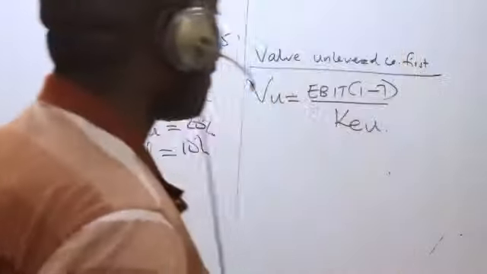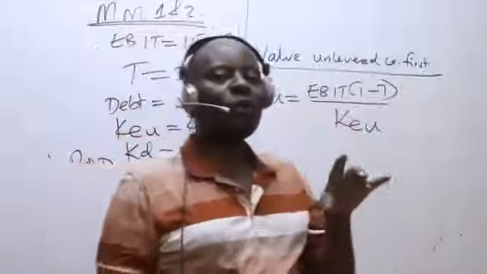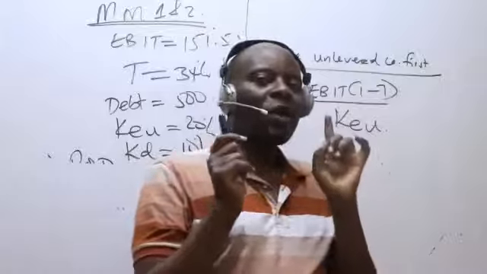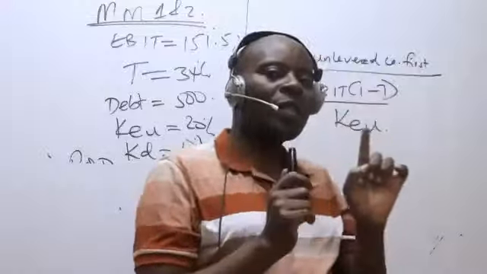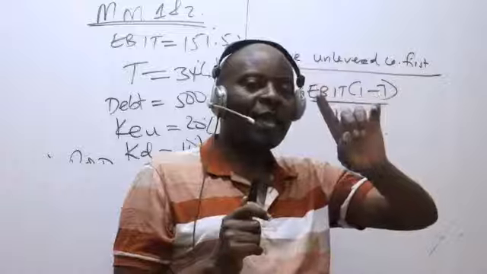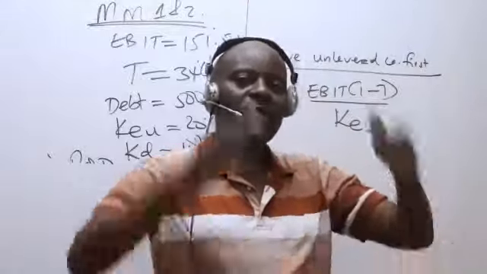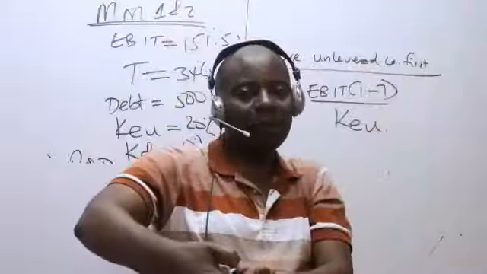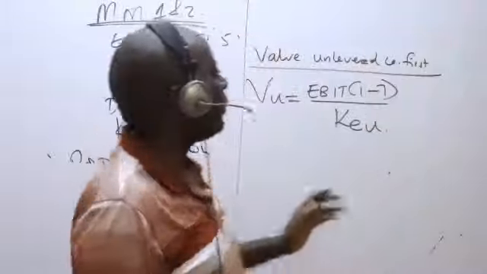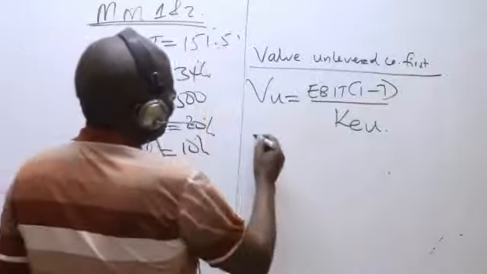Remember, one of the assumptions of MM is that the company will be a going concern in the long term. N is infinity. So you're taking the amount divided by the cost of capital. Have they given me EBIT here? Oh yes, EBIT is 151.5.